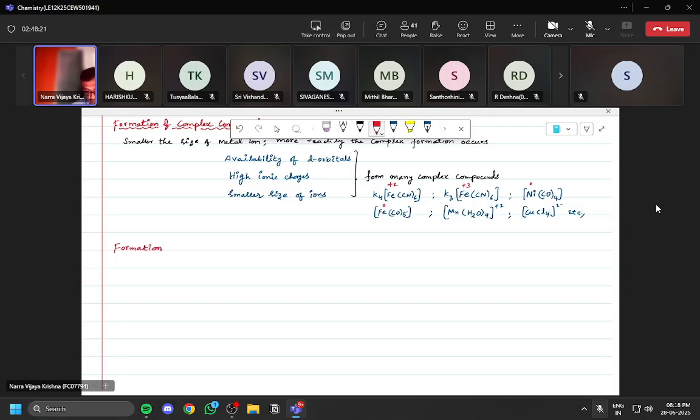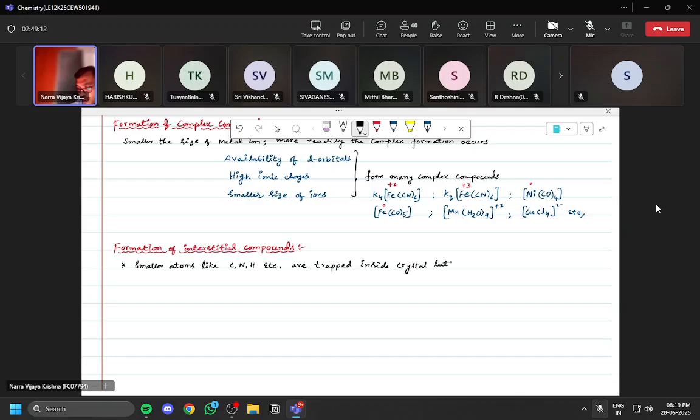Formation of interstitial compounds. Smaller atoms like nitrogen, carbon, hydrogen, etc. are trapped inside the crystal lattice.